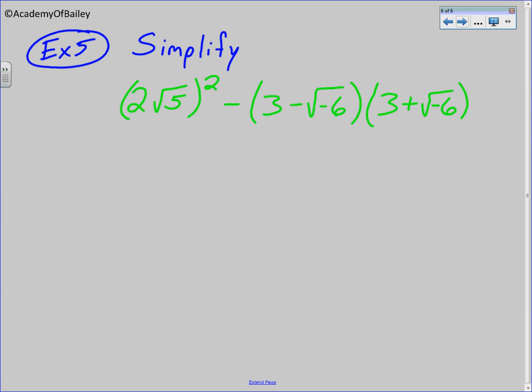And this last one here has a few steps. Let's look at our order of operations. We're supposed to do what's in grouping symbols. Nothing to do here really. Here we could change it to 3 minus, pull out the i and leave the square root of 6 inside.